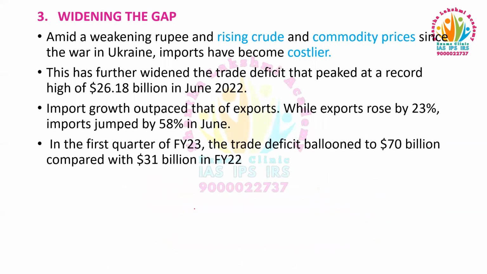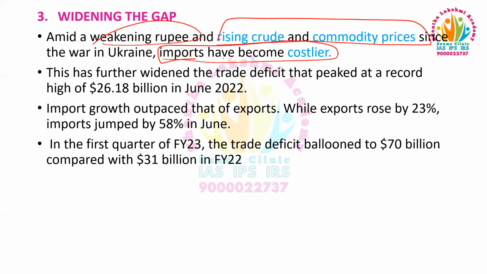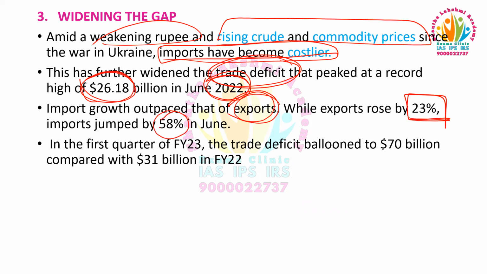And coming to the third point, widening the gap. Amid a weakening rupee and rising crude and commodity prices since the war in Ukraine, imports have become costlier, which further widened the trade deficit, which peaked at the record of $26.18 billion in June 2022. Import growth outpaced that of exports: exports rose by 23% only, but imports jumped by 58%.